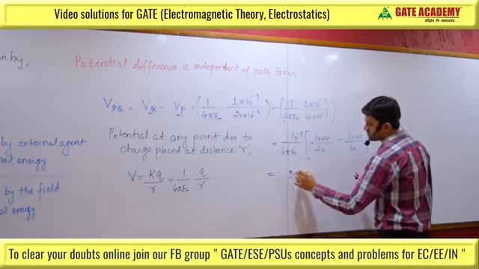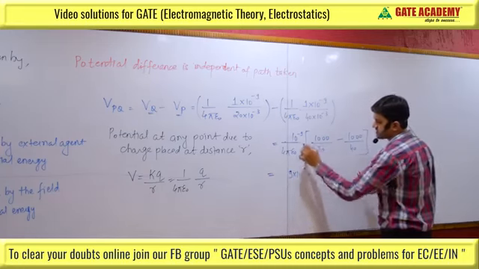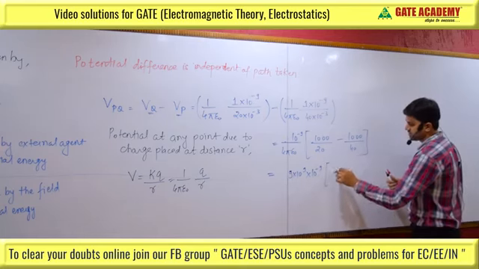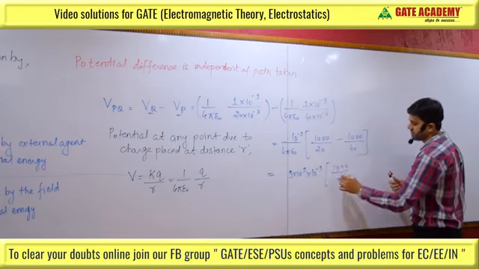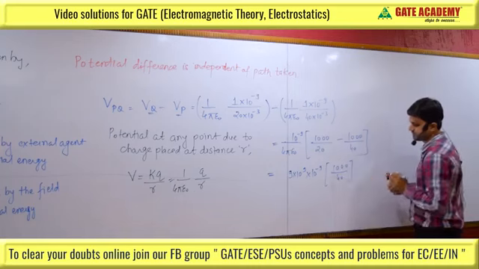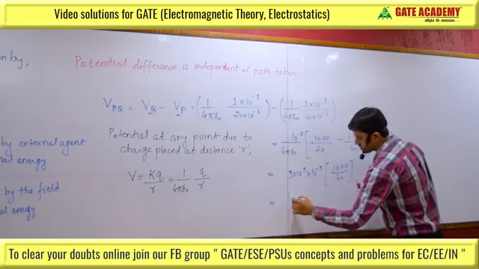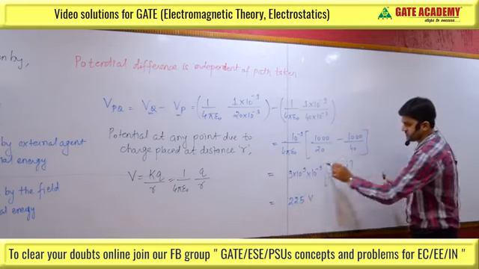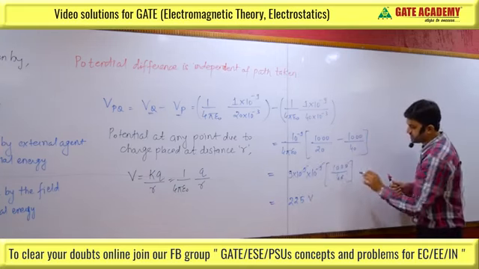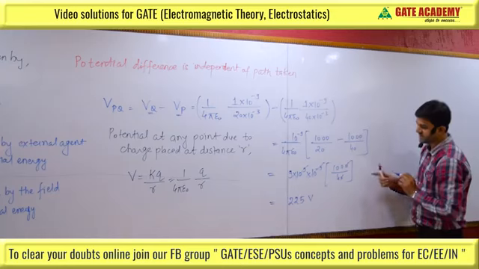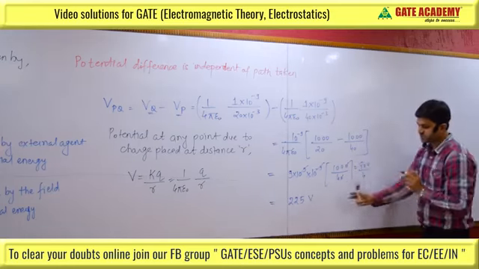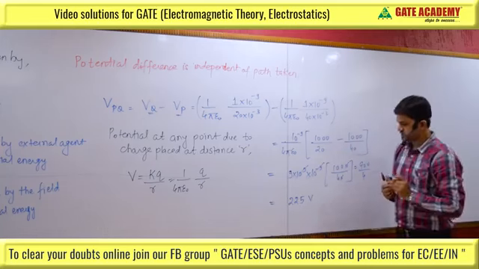This is 9 into 10 raised to power 9, times 10 raised to power minus 9, times 1000 divided by 40. So we will get 225 volt, because these will cancel. This will be 900 divided by 4, and 900 divided by 4 is 225 volt.